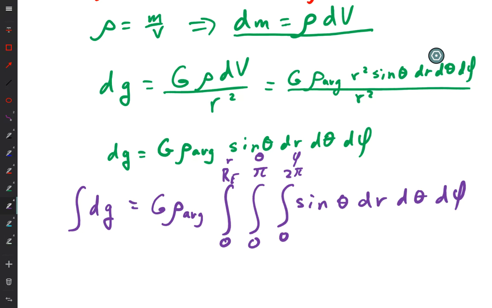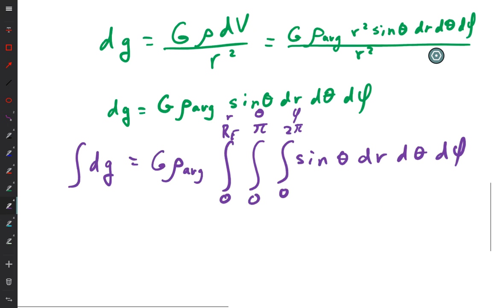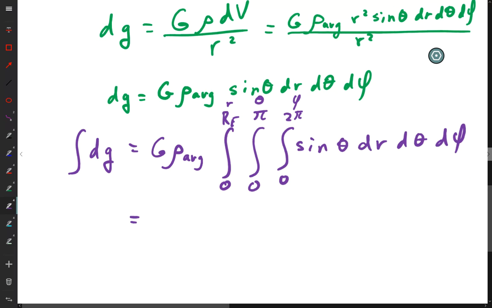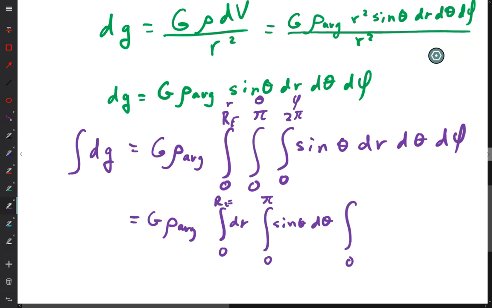Here's the way I like to do it. If my integral is separable, if I can separate my functions of r and theta and phi, then my life becomes real easy. And I rewrite this as integral from 0 to radius of the Earth dr, integral from 0 to pi of sine theta d theta, integral from 0 to 2 pi of d phi.